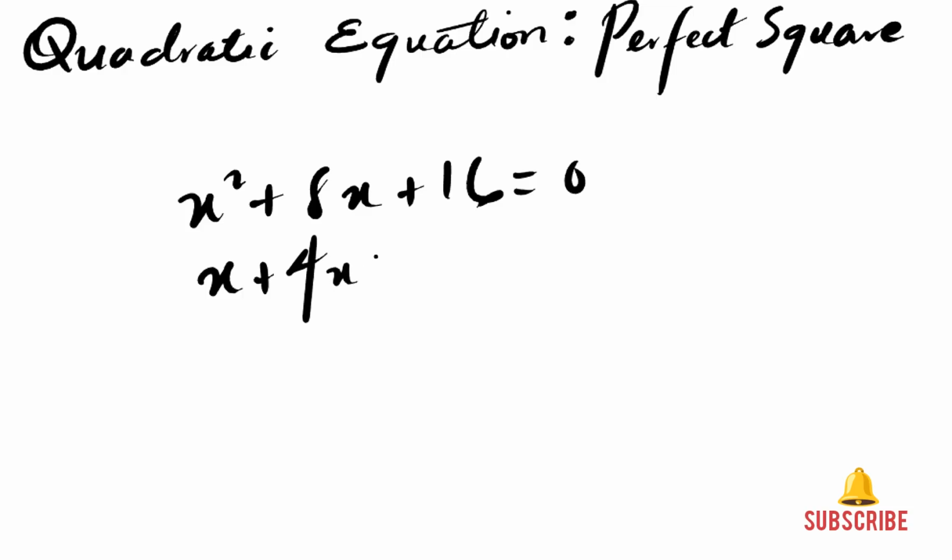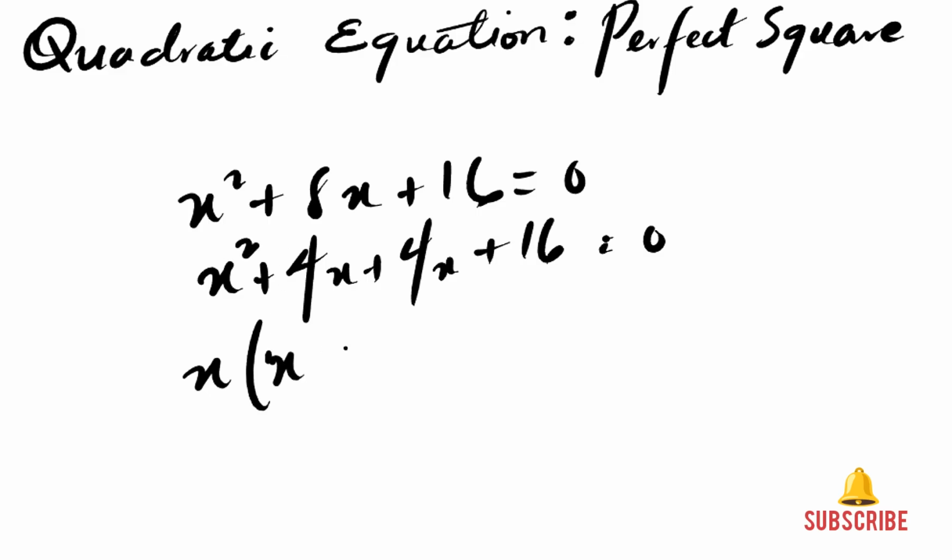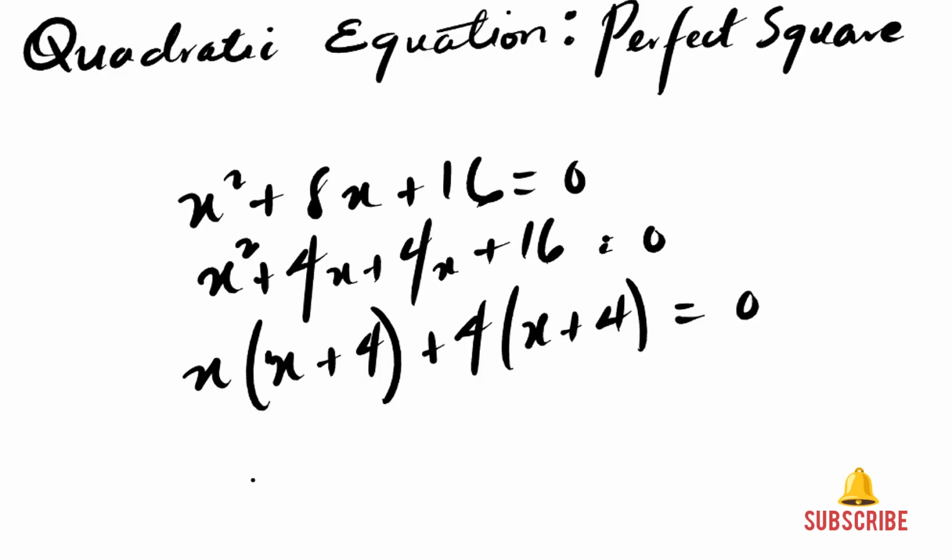That's 4 and 4, so x squared plus 4x plus 4x plus 16 equals 0. We group them into two and factorize each group. From x squared and 4x, x is common, leaving x plus 4. From 4x and 16, positive 4 is common, leaving x plus 4, equals 0.